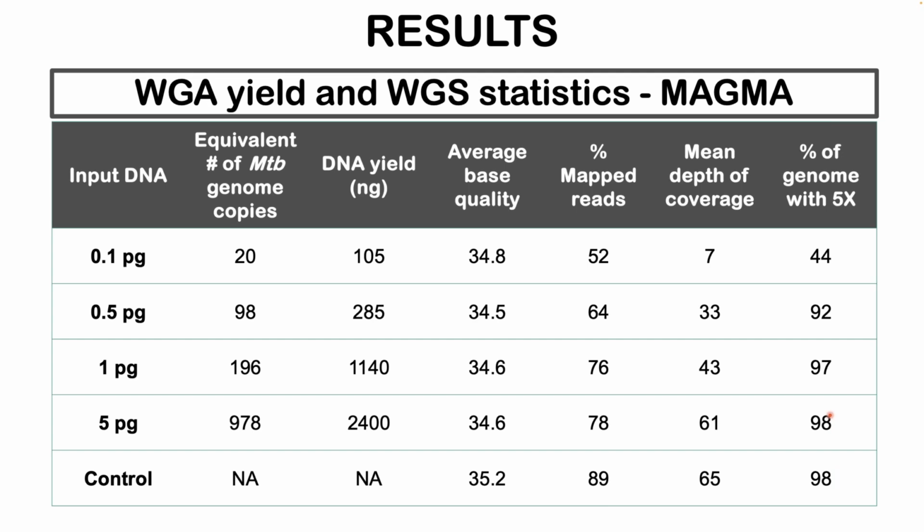So that indicates that even for the 0.5 picogram input sample, the vast majority of the genome is covered by at least 5 reads, enabling MAGMA, the bioinformatic analysis pipeline, to detect variants in almost the entire genome, but in less than half of the genome for the 0.1 picogram input sample.